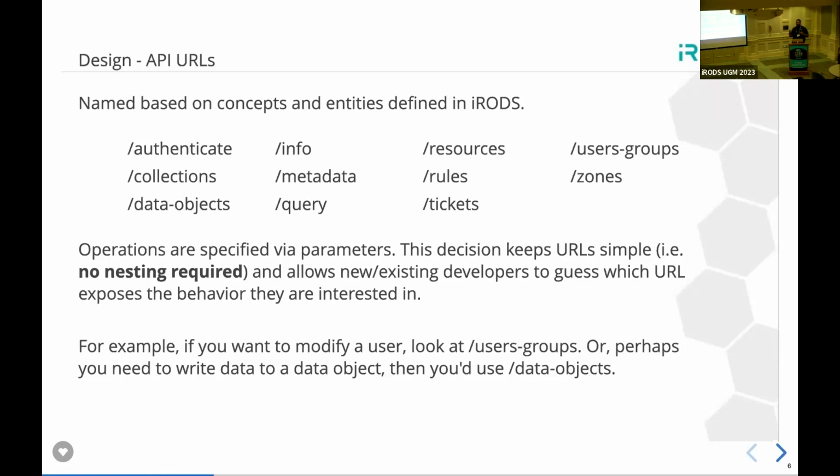The idea is that if you want to manipulate something like tickets, then just go look at the tickets endpoint. There's no additional nesting necessary, and this just keeps everything simple. There are no additional URLs to learn, and this is the approach that we're taking to make it easy for developers to get on board and just do the things that they want to do.